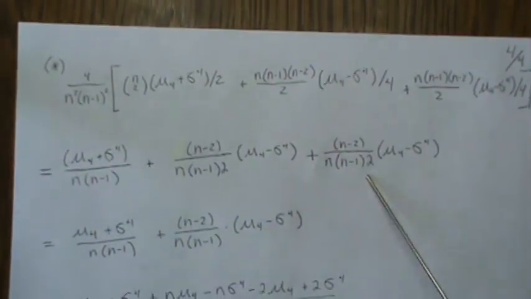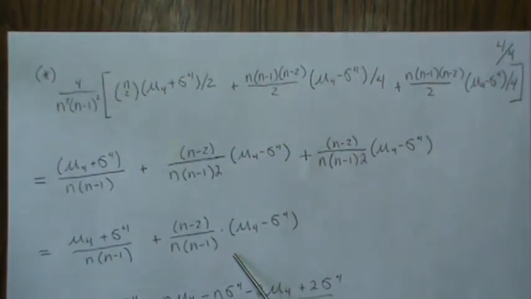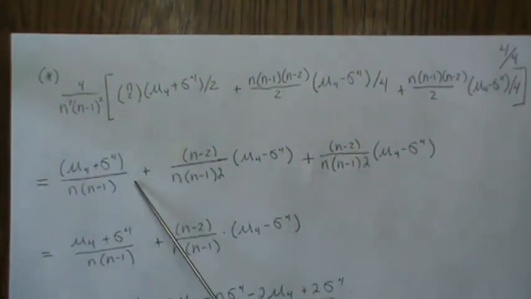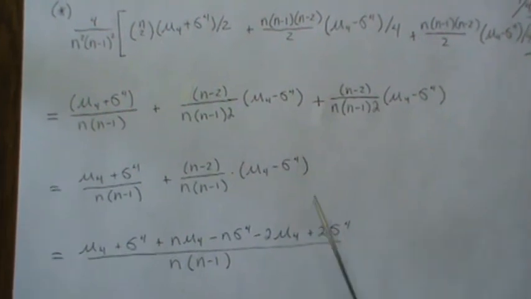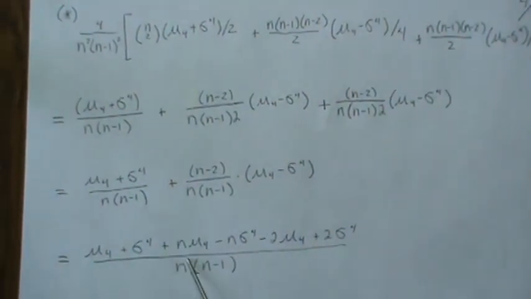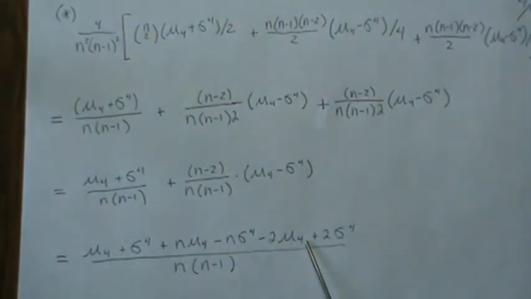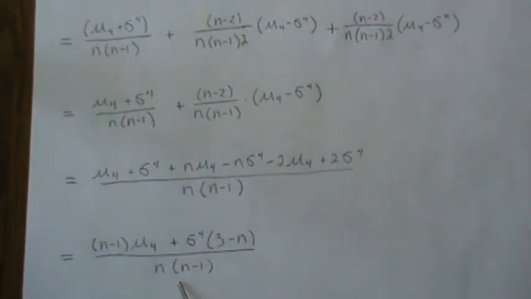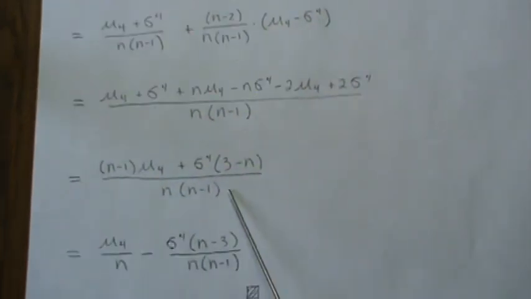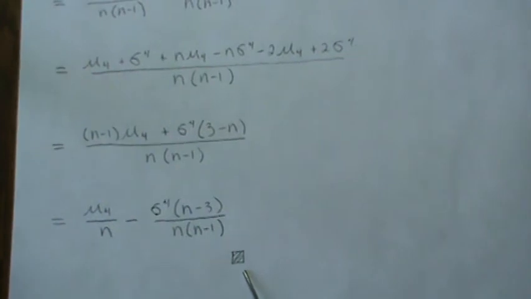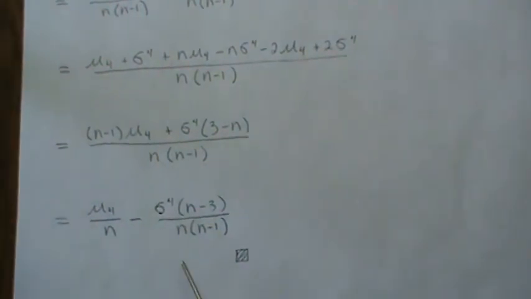In this step, I combine them. So that comes down. Then we get everything over a like denominator. We get this. And then it reduces to this. And then we get that. And that's the final answer. And this is what you see in books too.